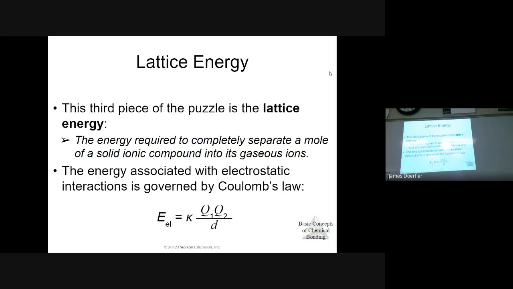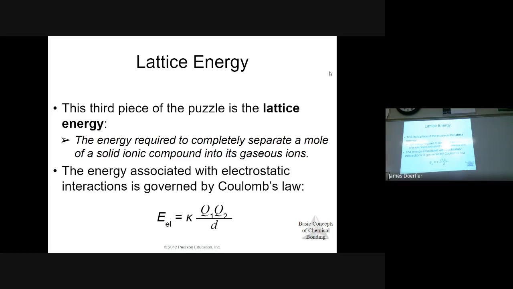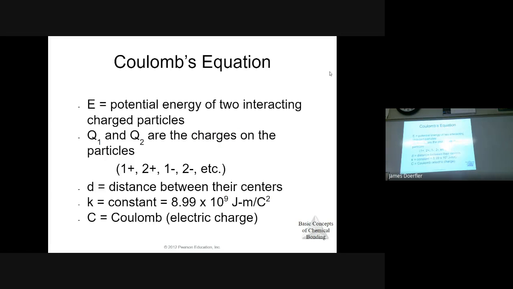D, which is in the denominator of the formula, is the distance between their centers. So we can think about their bonding radius. Okay, we talked about bonding radius trends in last chapter. K, which is out here in front of both of those terms, is what's called a constant. It's there to allow for the calculation to occur.